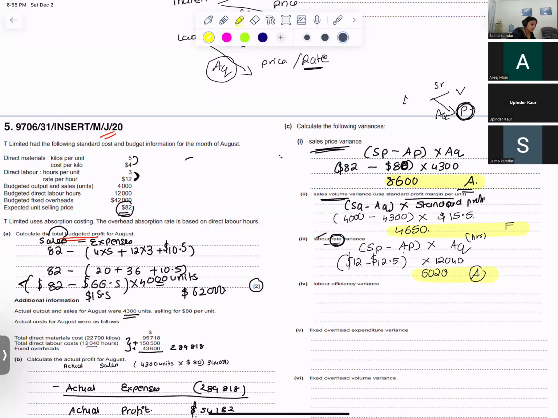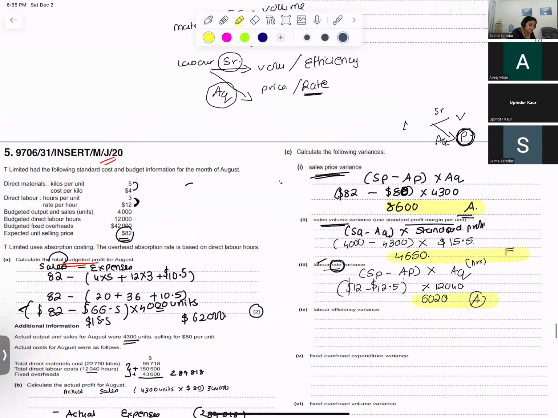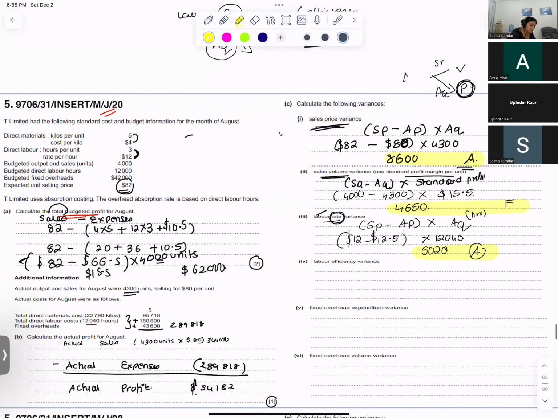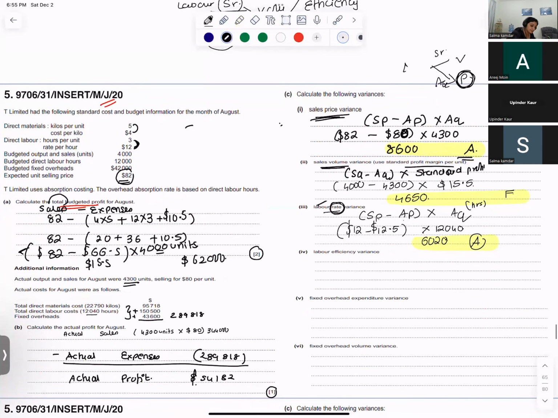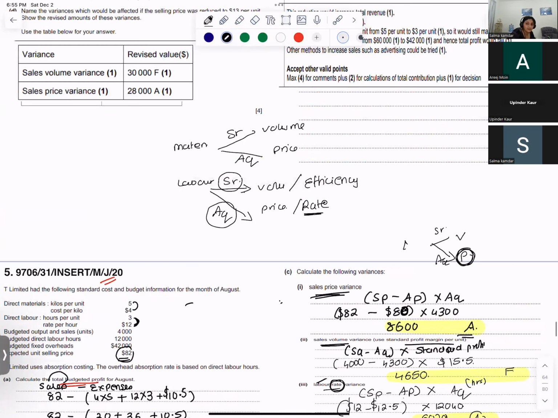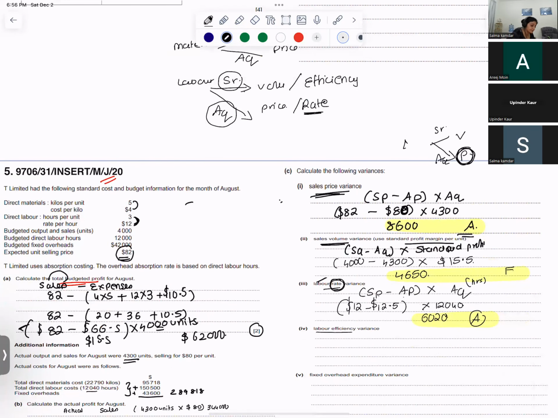Now, labor efficiency variance. Formula.